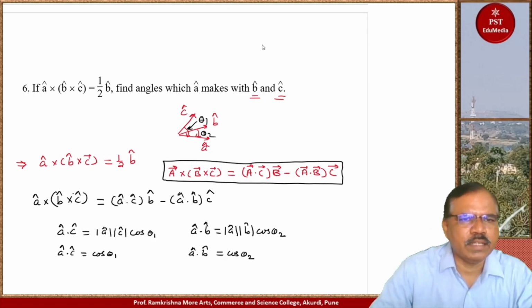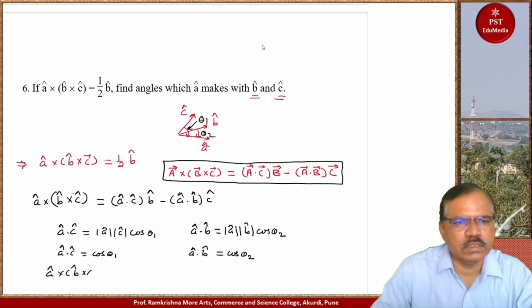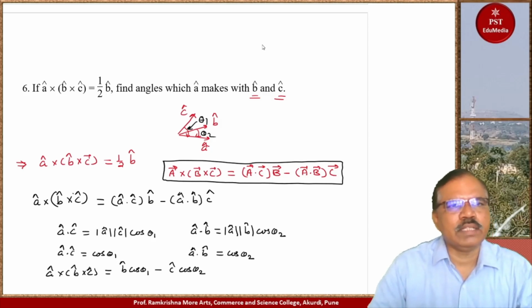So we get here A cross B cross C is equal to B cos theta 1 minus C cos theta 2. But what is given?